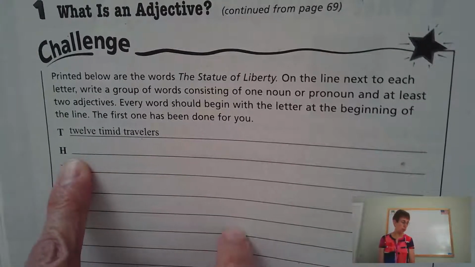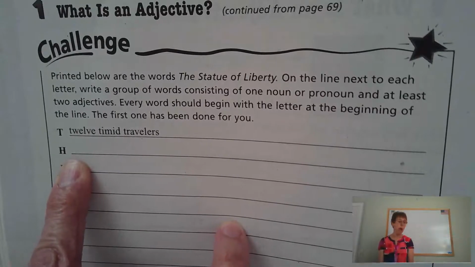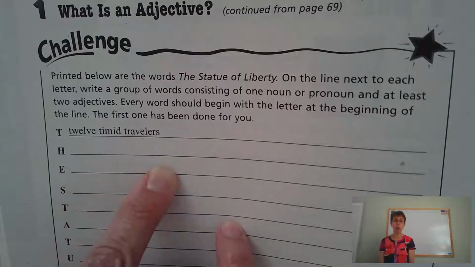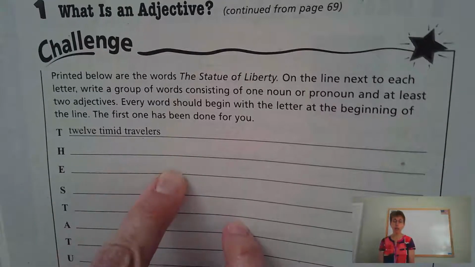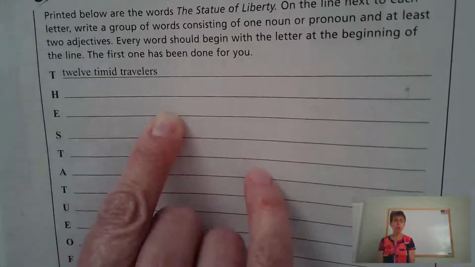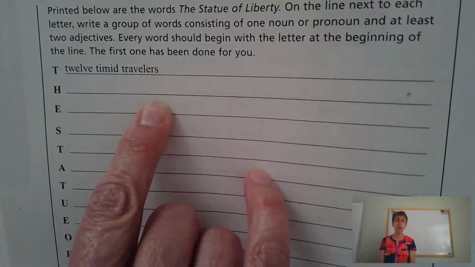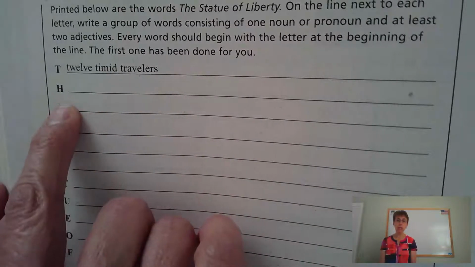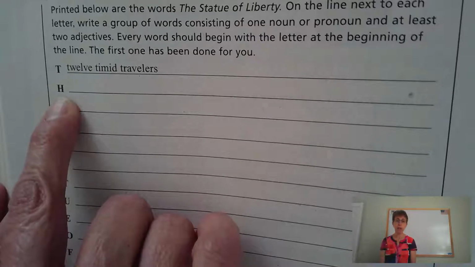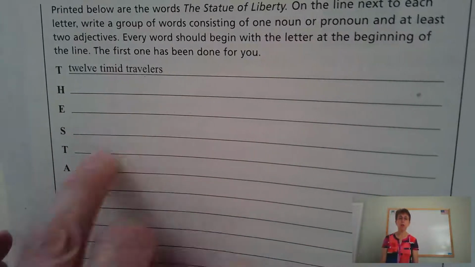Your next letter is H. So you might say hot, hungry hippos, or huge, humid hut. Three or four words, it's simply a phrase, but each word in the phrase needs to begin with the same letter that's here, so it's creating a little tongue twister as you complete this.